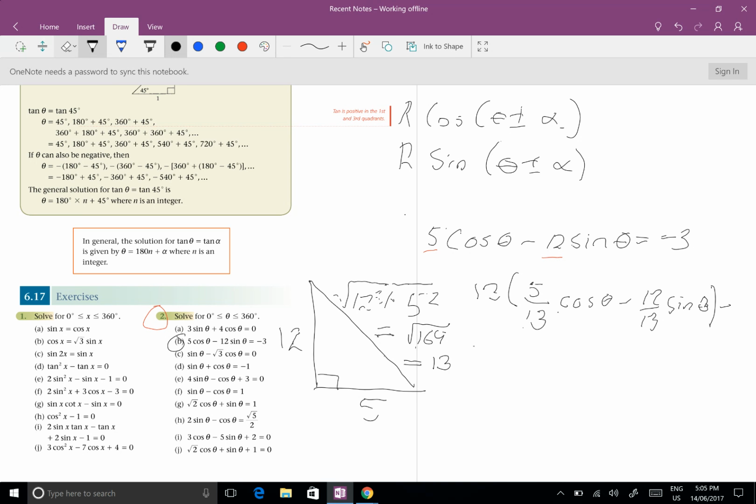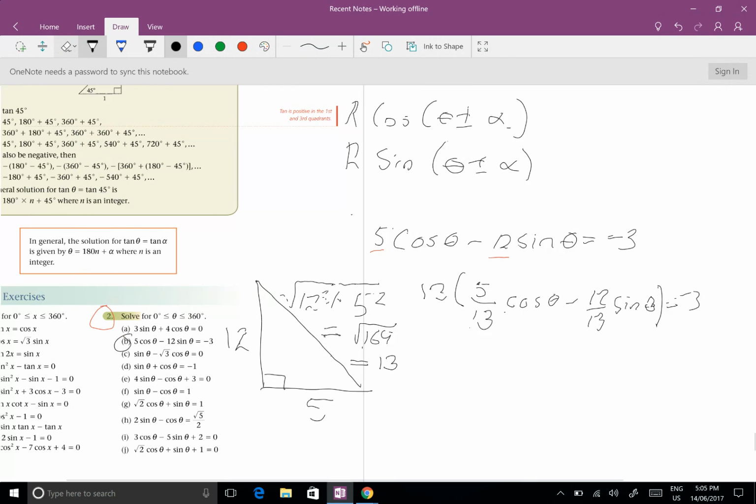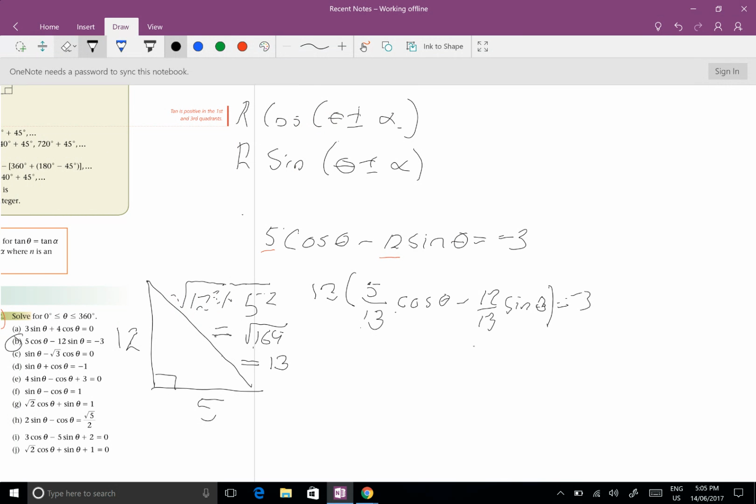My pen's gone wonky, I'm just going to fix that. So we haven't done anything. We've multiplied this whole thing by 1, because multiplying by 13 and dividing each term by 13 is multiplying by 1.